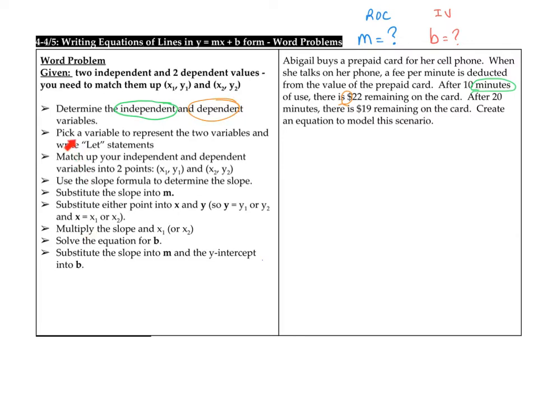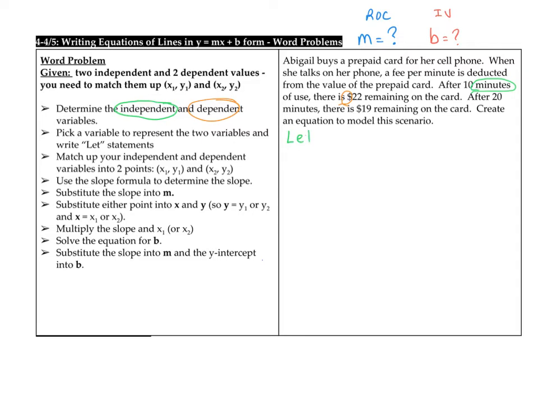Now what you want to do is to pick any kind of variable. Some people still use x and y, but you don't have to represent the two variables and write let statements. Usually when there's word problems, people like to pick letters that better represent what the variable is. So the independent variable is time. So the units are minutes, but the variable is time.